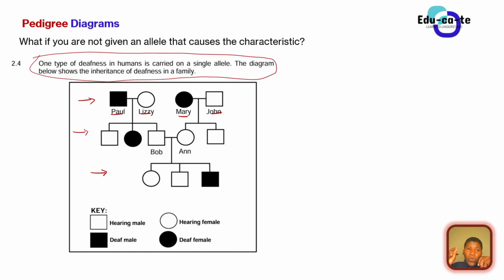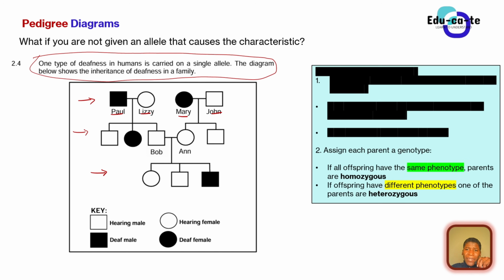We don't know if the allele is dominant or recessive, so you skip step 1 that I've been giving you. You just blank it and go straight to step number 2. Step number 2 says assign the parents a genotype. You use these 2 rules. If all the offspring have the same phenotype, then the parents must be homozygous.